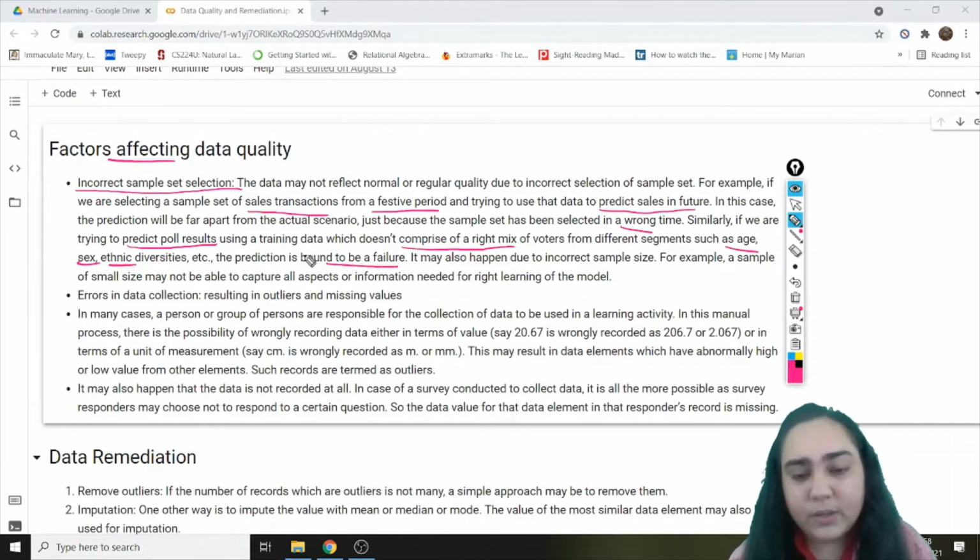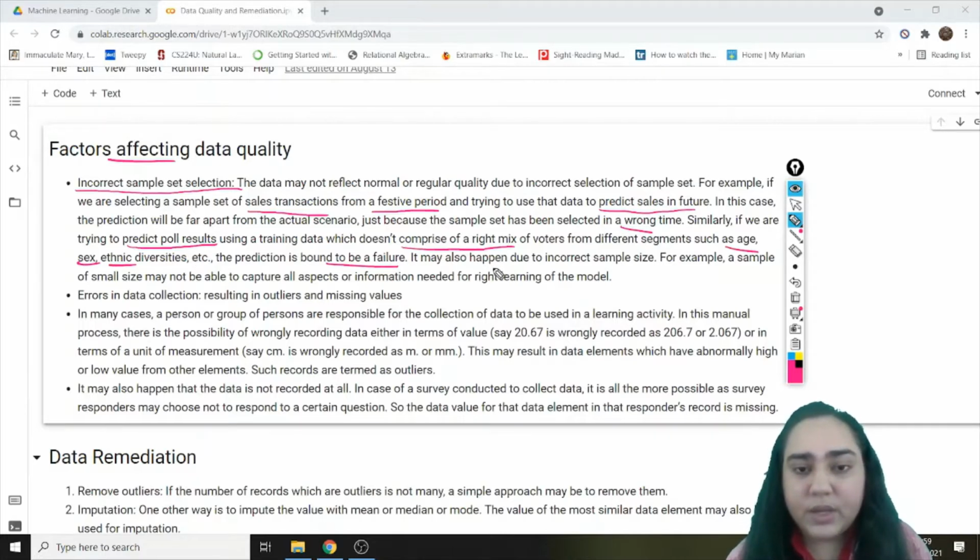Because it's very important that when you take a sample data, it has to be completely unbiased and has to be completely random, and it should include all categories. So you have to include people of all ages, genders, ethnic diversities, consider all states and everything. Only then you can do a proper prediction.